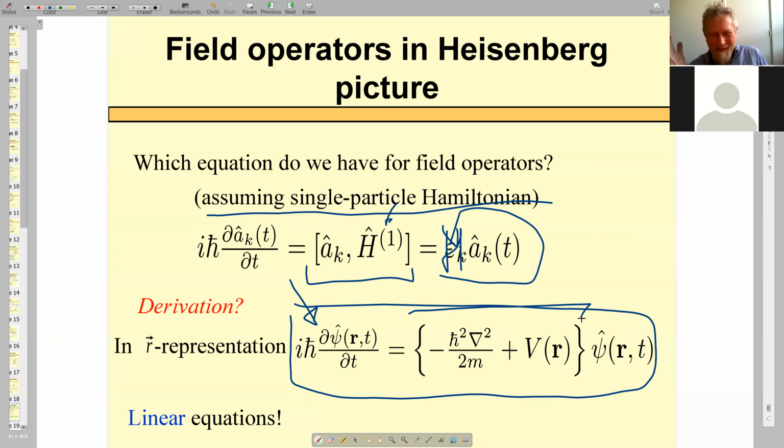Confusingly enough, if you just remove the hat, you recognize this equation. It's just the same non-stationary Schrödinger equation. That is the origin of the term second quantization.